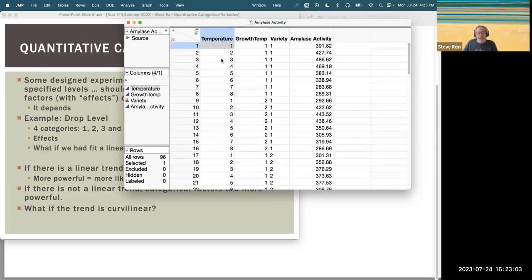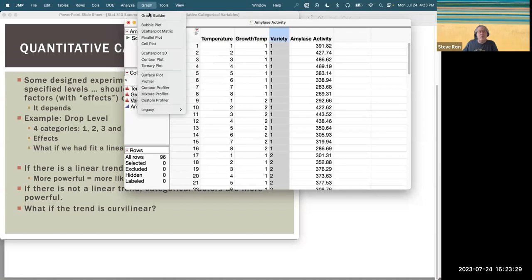And you could view these temperatures as literally numbers. In the past, so far, we said, because it corresponds to a treatment level, let's give it a categorical fit. And so let's maybe make these categorical for temperature, the temperature of growth and the variety and amylase activity.